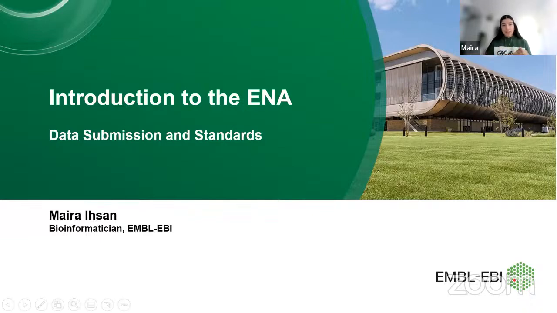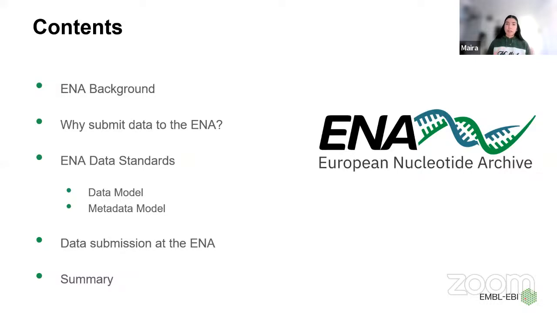Okay, great. So today I'm going to give you an introduction to the European Nucleotide Archive. I'm going to talk about the data standards that we have, how we structure our data, and the data submission routes that we have at the ENA. So I will start with a background of the ENA, what the European Nucleotide Archive is, what kind of data we accept, what kind of collaborations we have, why you should be submitting data to the ENA, and the reasons people do submit data to the ENA, then the data standards that we have.